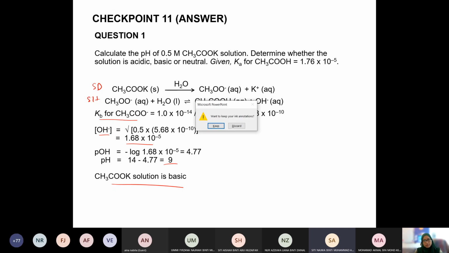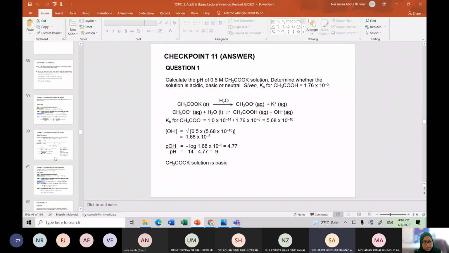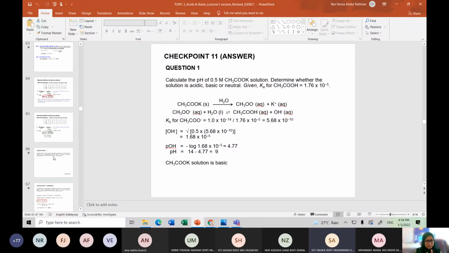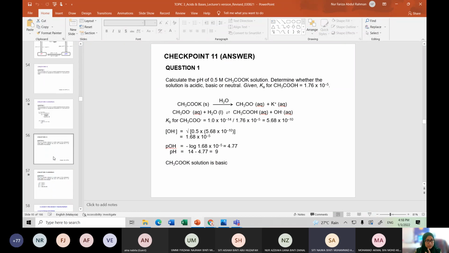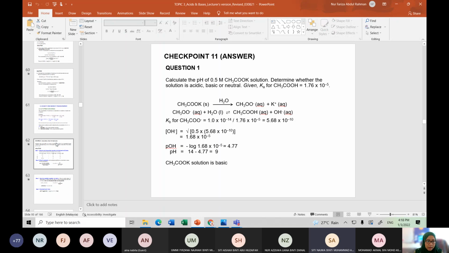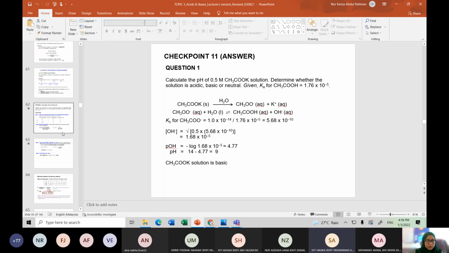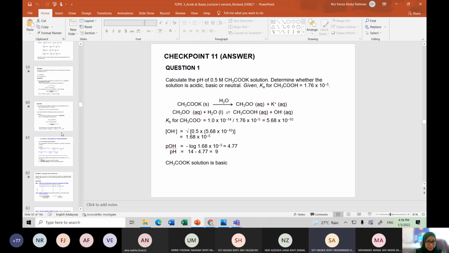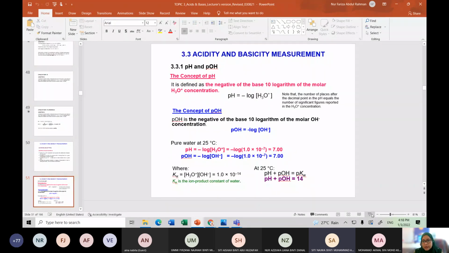Okay, there's one thing that I would like to draw your attention to. I forgot to highlight this one here. Maybe because last time someone asked how we should handle the pH value.